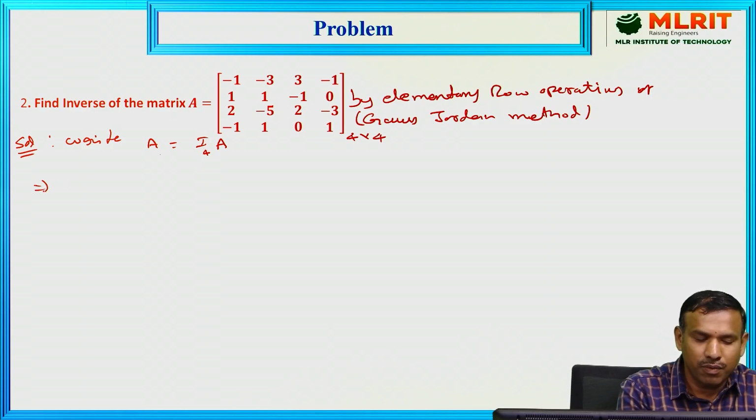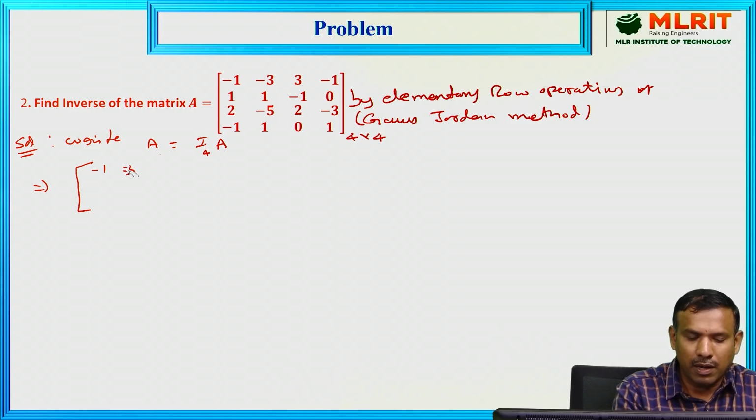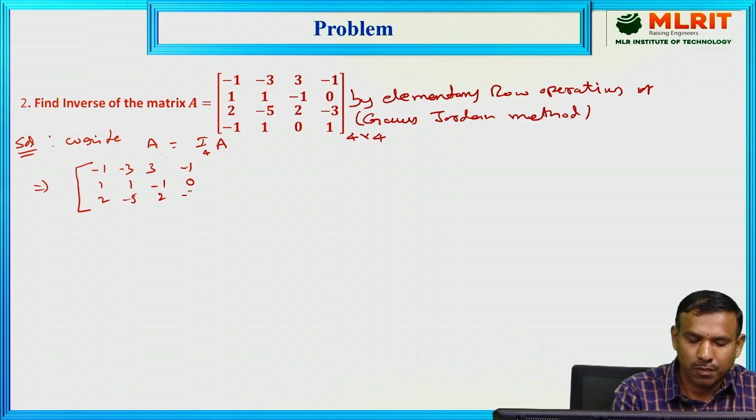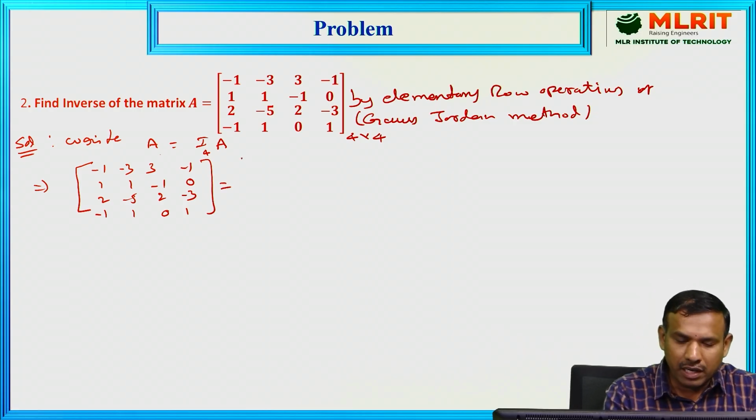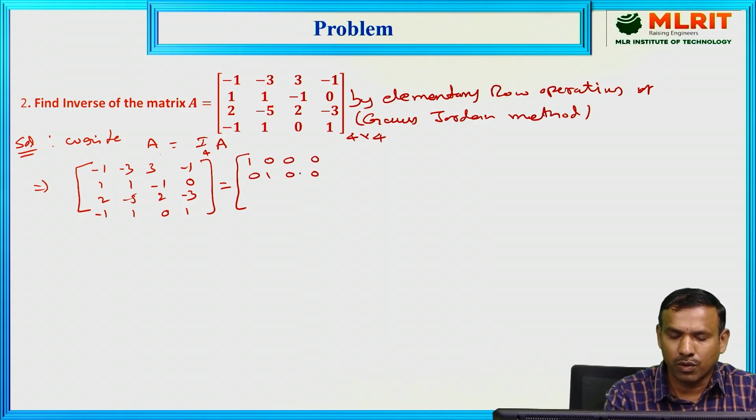So on the left side we will write the given matrix: minus 1, minus 3, 3, minus 3, 3, minus 1, 1, 1, minus 1, 0, 2, minus 5, 2, minus 3, next, minus 1, 1, 0, 1. The 4 by 4 matrix, into the identity matrix on the right side, IA, a 4 by 4 identity matrix 1 0 0 0, 1 0 0 0, 0 1 0. Everybody knows what the 4 by 4 identity matrix is.